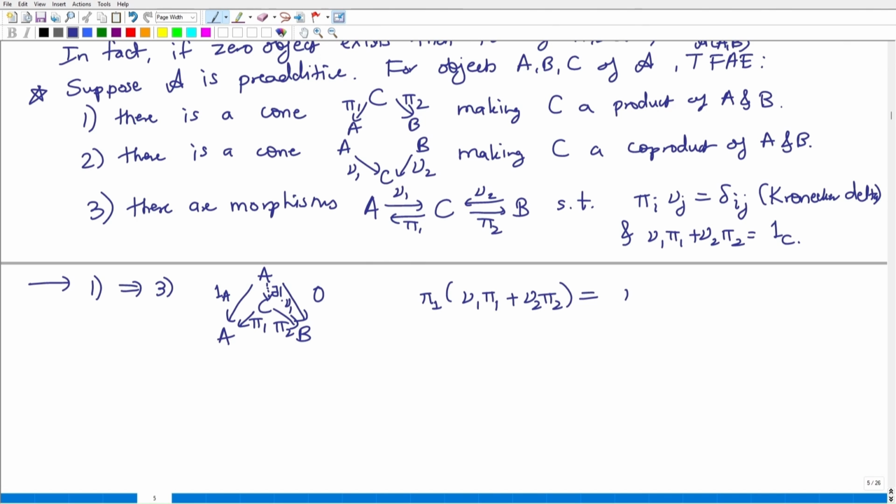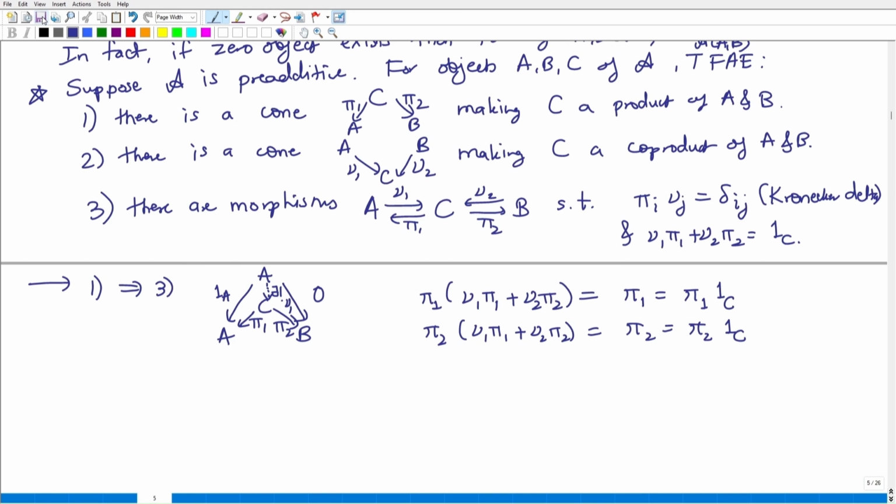So this will be pi 1 and then plus pi 1 nu 2 is 0. So I am not adding anything. So which is equal to pi 1 composed with 1 sub c. Okay. And similar thing holds for this. So this is pi 2, which is same as pi 2 1c.